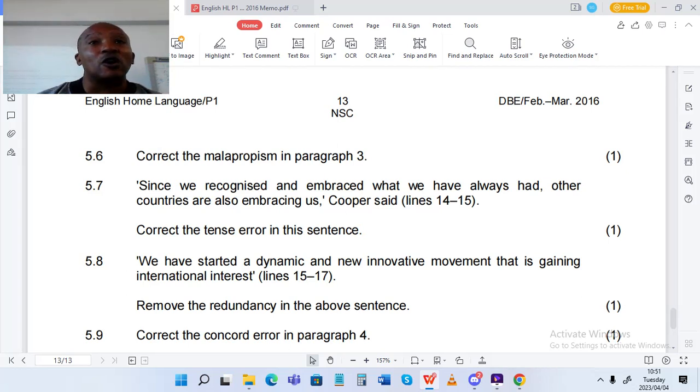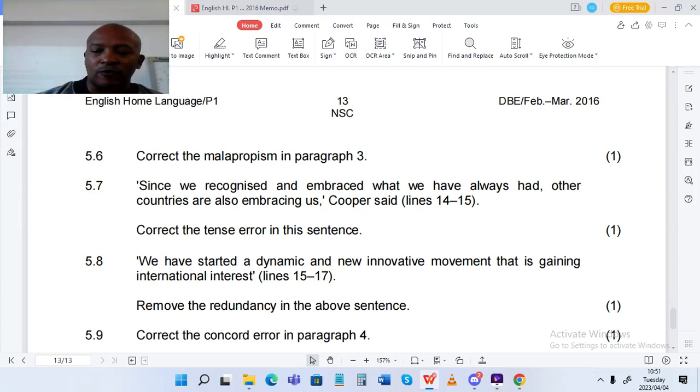One child is, two children are. One boy kicks, but two boys kick, not kicked. So the children kick, but the child kicks. You got it? She has, that one person has, but they have. Got it?